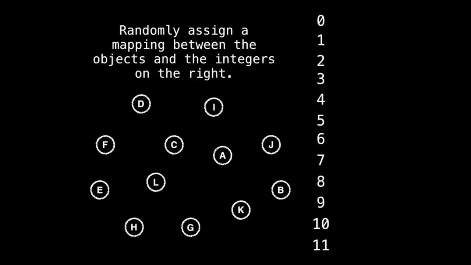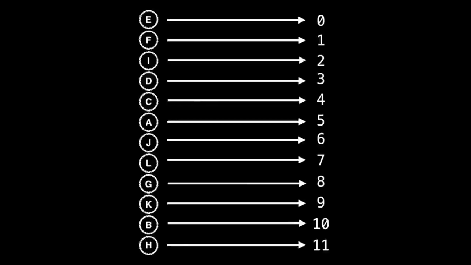So if we have some random objects and we want to assign a mapping to them, we can do so arbitrarily, as long as each element maps to exactly one number. So that is my random bijection, and we want to store these mappings perhaps in a hash table so we can do a lookup on them and determine what everything is mapped to.